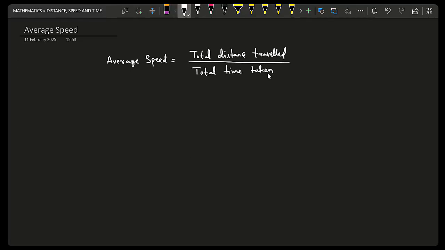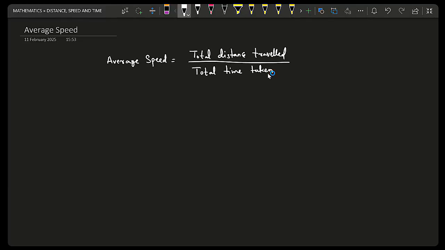For the overall journey, the object may stop at some place or change its speed, whatever may happen. Taking the overall journey into the picture, find the total distance and the total time. Then total distance by total time gives you the average speed.